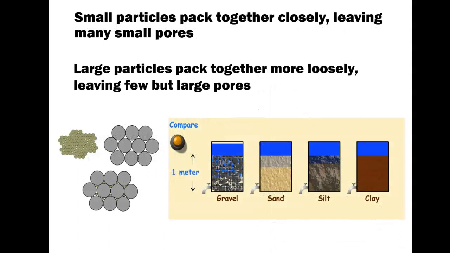And just keep in mind that soils in reality are a mixture of particles, particle sizes, and they have a lot of different ranges. The dominant soil type, again, governs which fate and transport via the various transport and exposure pathways. Small particles will always pack together most closely, leaving many small pores.